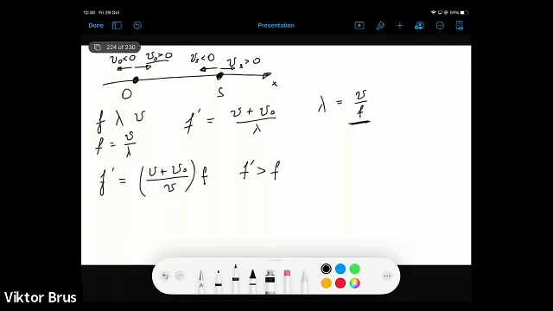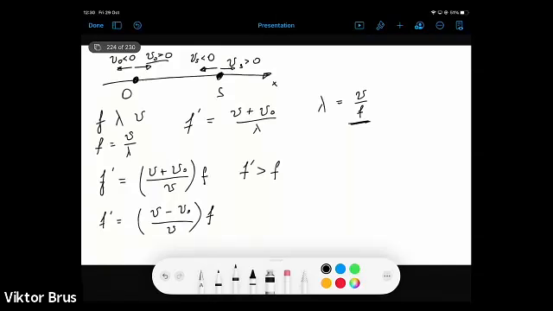If the observer is moving backwards, away from the sound source, then this will be V minus V naught, because V naught will be negative, in the opposite direction of the axis X, divided by V times the initial frequency, the real frequency of the sound.